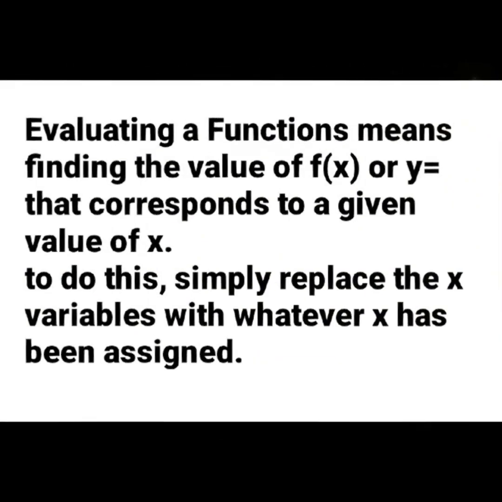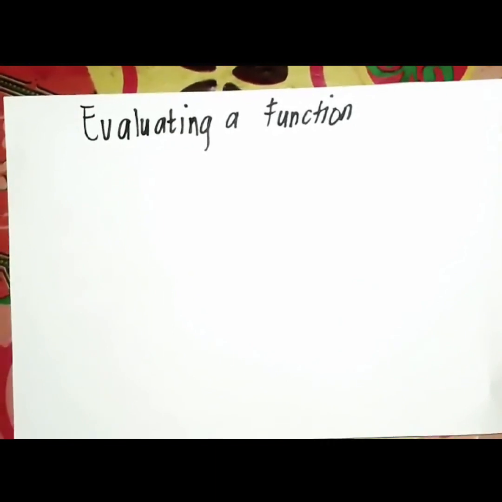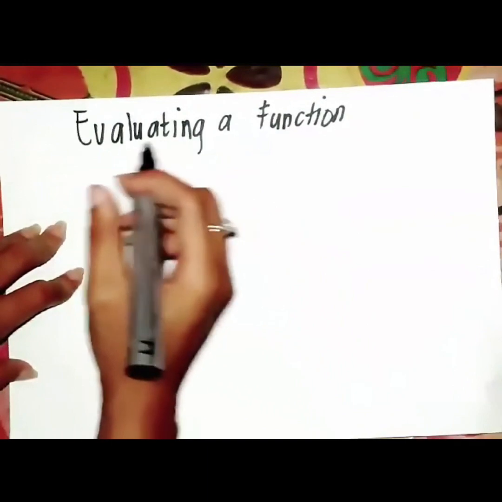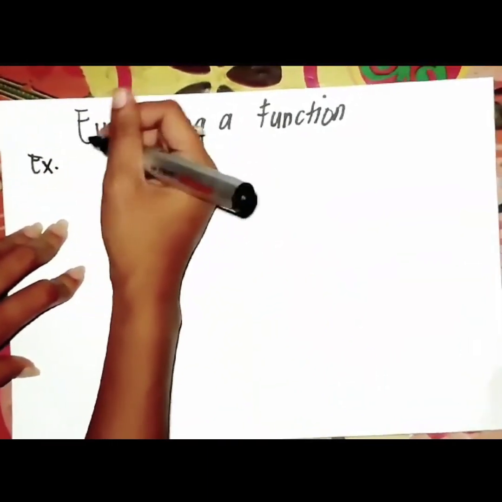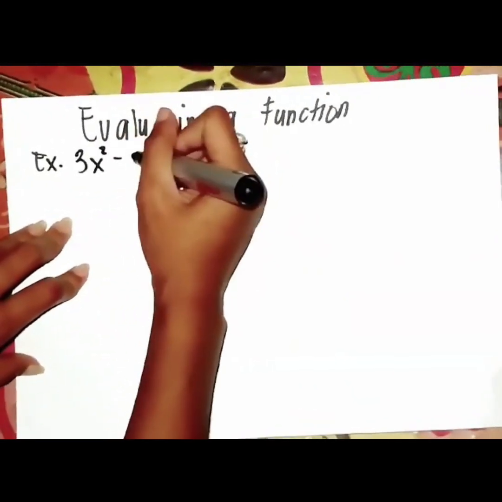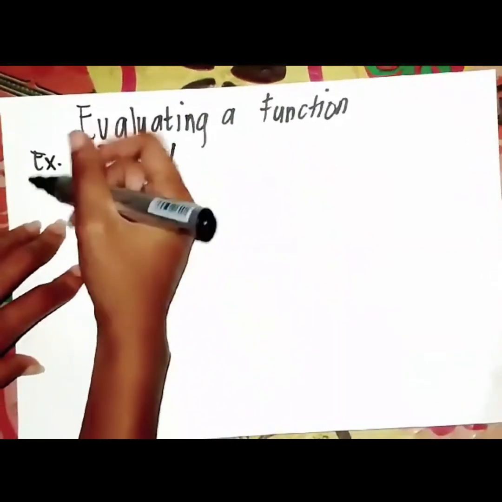Evaluating a function means finding the value of f of x or y that corresponds to a given value of x. To do this, simply replace all the x variables with whatever x has been assigned. For example, if we are asked to evaluate f of 2, write the given first. Example, f of x equals 3x squared minus 2x plus 1. Find the value of f of 2.